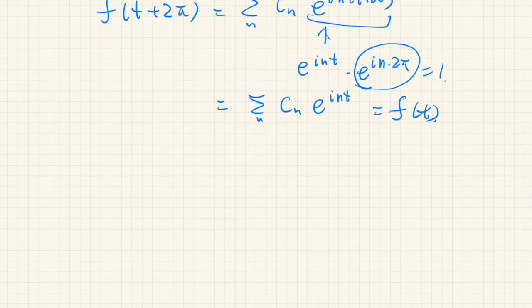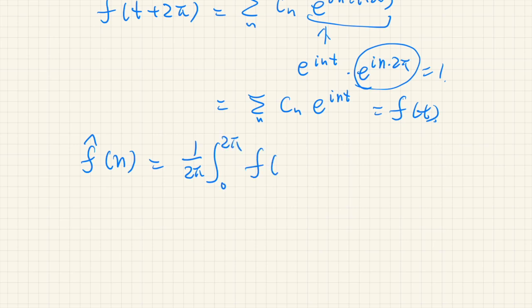Now, let's calculate the Fourier coefficients. f hat of n, according to the definition, is 1 over 2 pi, integrate from 0 to 2 pi, and f of t multiplied by exponential of negative i n t dt.